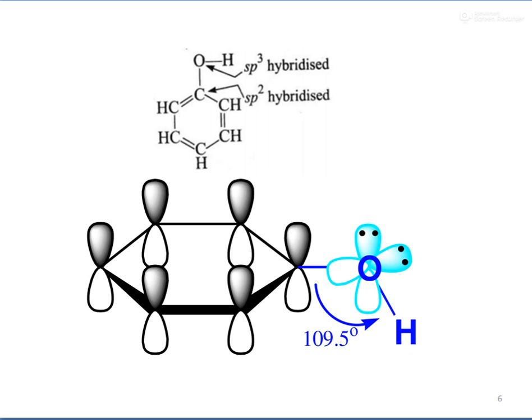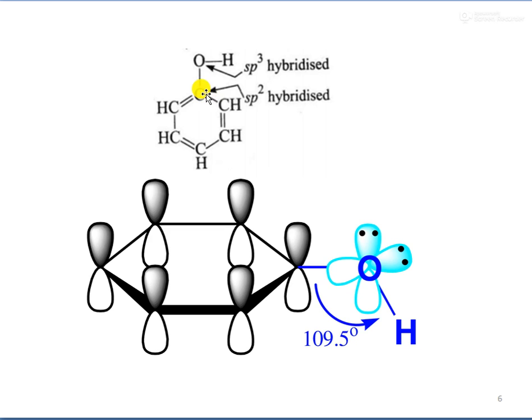Let us revise the hybridizations of the carbon and the oxygen atom in phenol. The oxygen atom is sp3 hybridized. You can see that the oxygen atom has two lone pairs and the bond angle is approximately tetrahedral, and the carbon atoms are all sp2 hybridized because the carbon atom is double bonded.